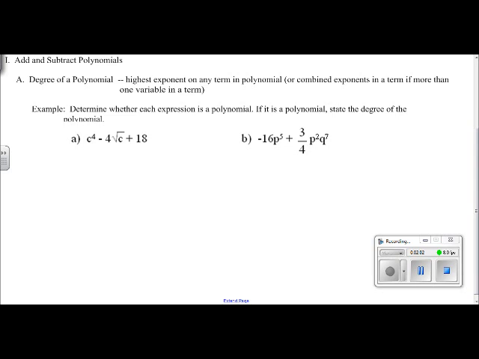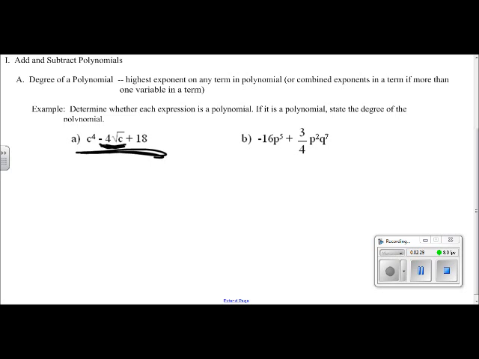So first in our examples, we need to determine whether each expression is a polynomial or not. And if it is a polynomial, we'll state the degree. Well, in our first one, our expression is c to the 4th power minus 4 square root of c plus 18. Now in this case, we have negative 4 square roots of c.